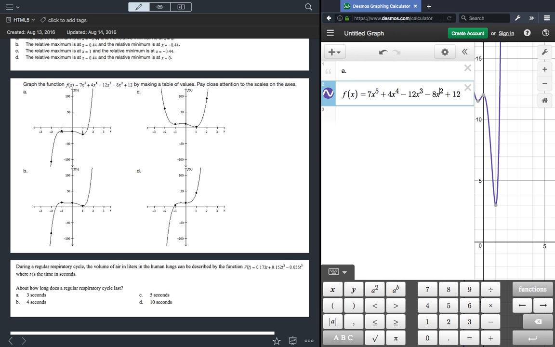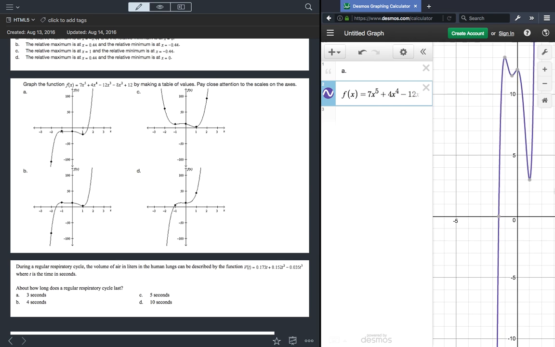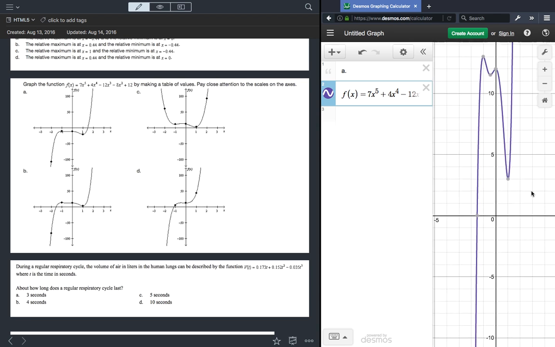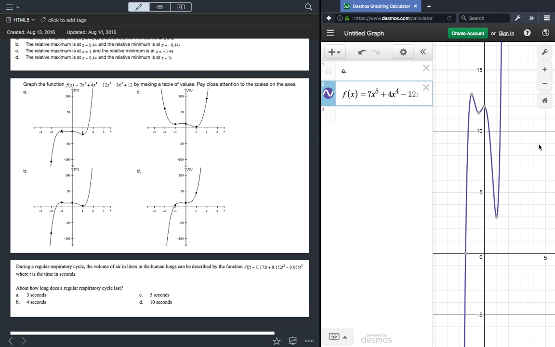Oh, actually, it looks like this is right. So it's either going to be A or B or D. And I'm looking here, where's negative 1? It looks like it's got to be something like B.